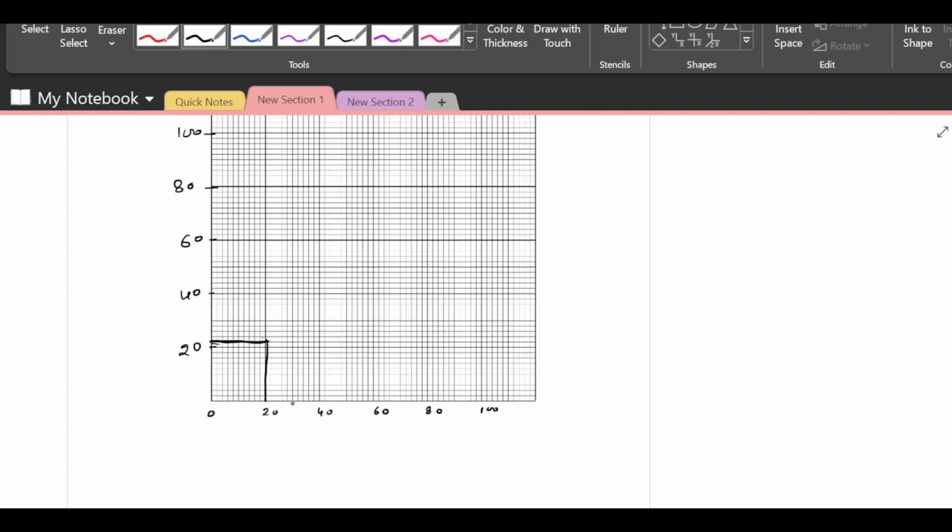So 30 is here, this line. And it's 72. 72 is, this is 70, and 72. So this part. So we join like this. So this is 20 to 30.